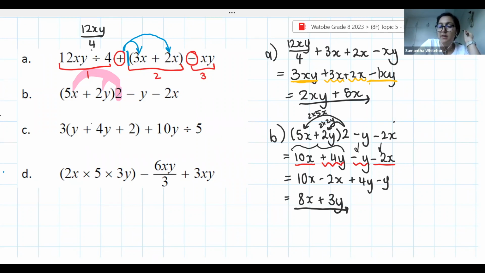From there, we collect our like terms. Again, if you want to write the like terms together or group them together, that's absolutely fine. You don't have to, but you're welcome to. And once we've added and subtracted our like terms, we have simplified our expression. So this expression simplifies to 8x plus 3y.